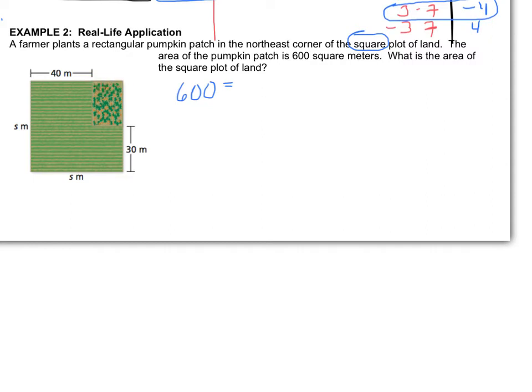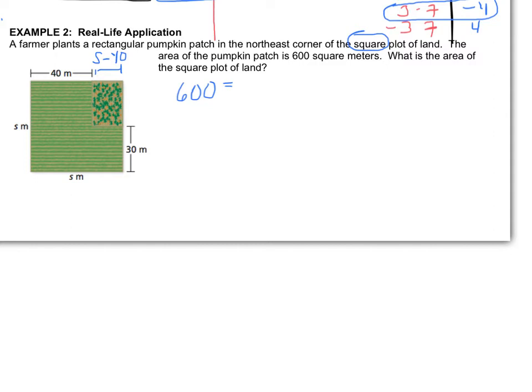This is the pumpkin patch we're talking about. This is the entire lot of land that they own. So if I just focus in on this piece right here, it has to be S minus the 40 on the other part. So that's just this little piece there.